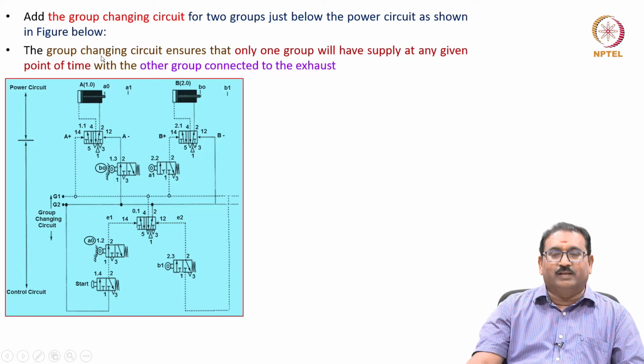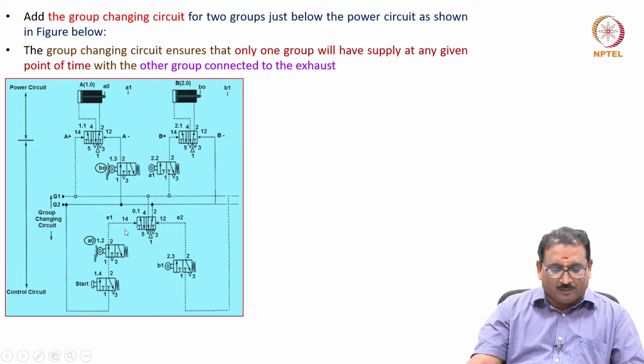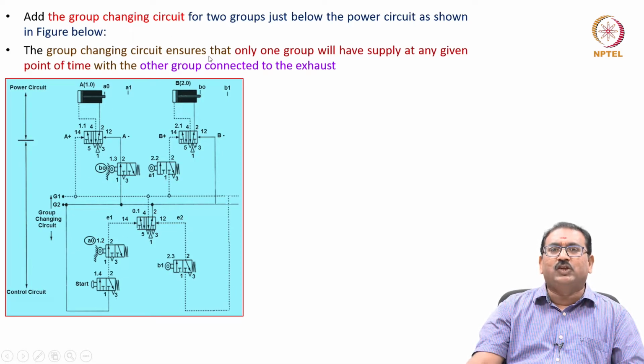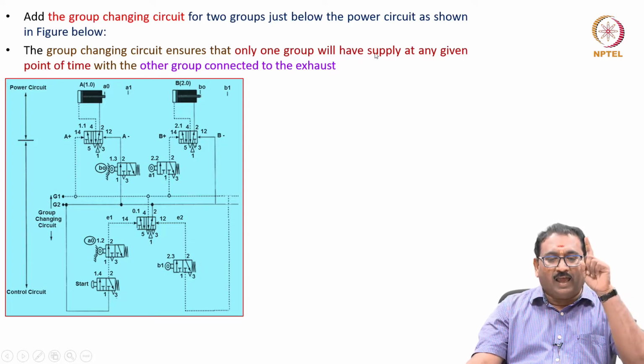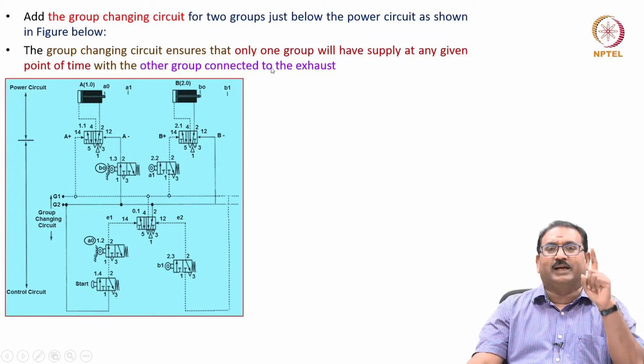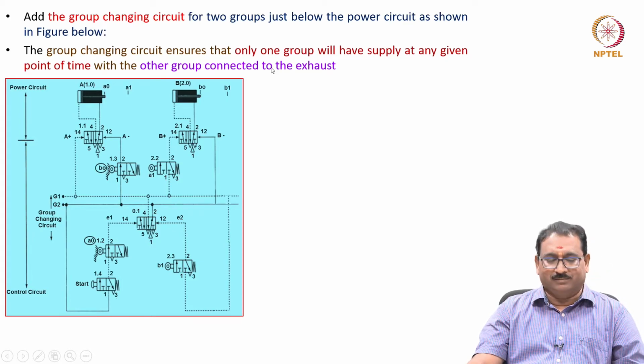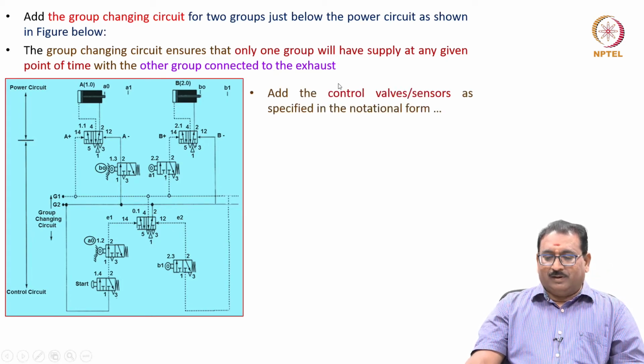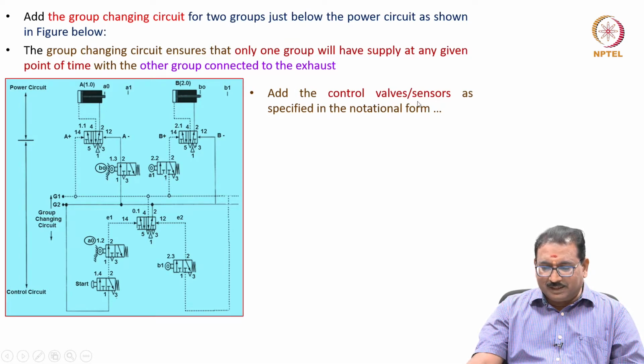The group changing circuit which I have drawn here ensures that only one group will have a supply at any given point of time, whether G1 is active or G2 is active, with the other group connected to the exhaust. Add the control valves or sensors as specified in the notational form.